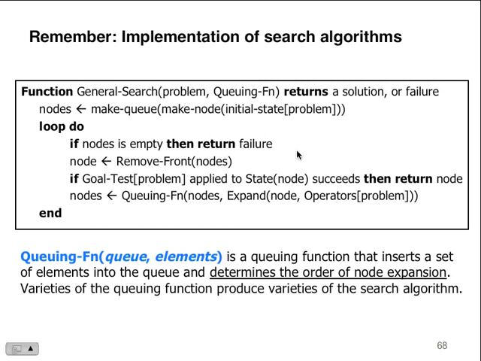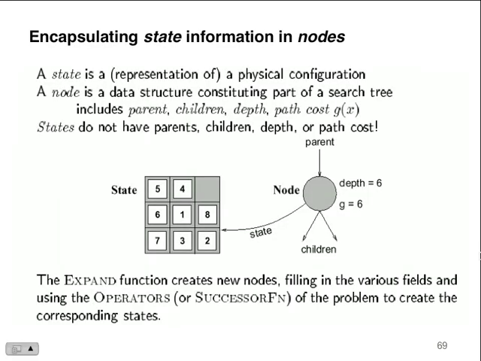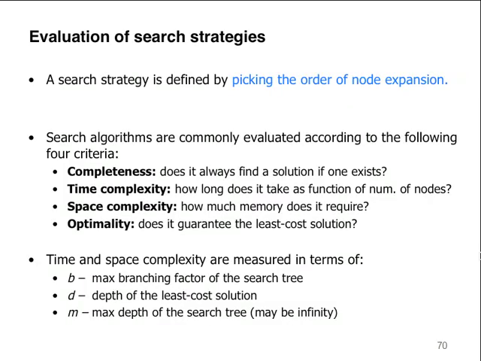So, remembering the implementation of search algorithms and going back to the pseudocode I talked about here, we have that queuing function. We're looking at inserting elements, and at queuing and determining the order of the node expansion in terms of our problem solution. Encapsulating state information into the nodes is basically a repeat of the slide I was showing you a few minutes ago.